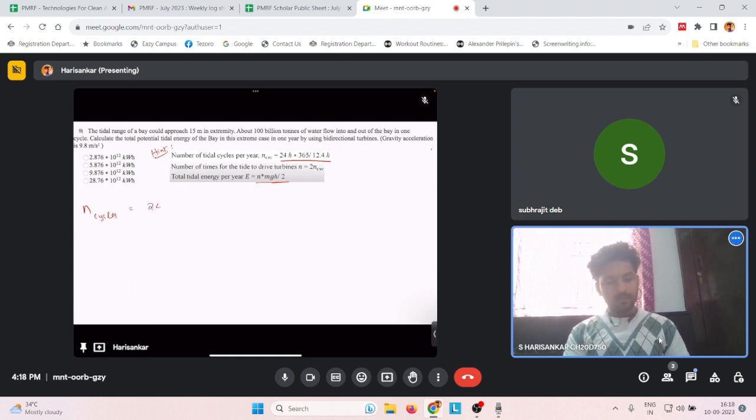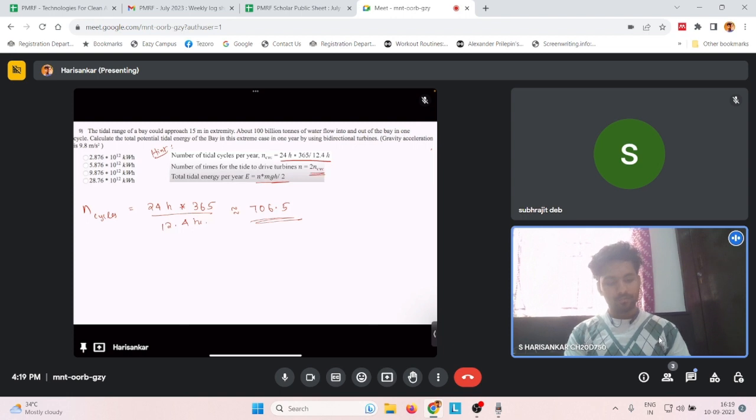First, let us try to find the number of cycles, and that will be 24 hours into 365 days divided by 12.4 hours. So this will be somewhere around 706.5 tide cycles.